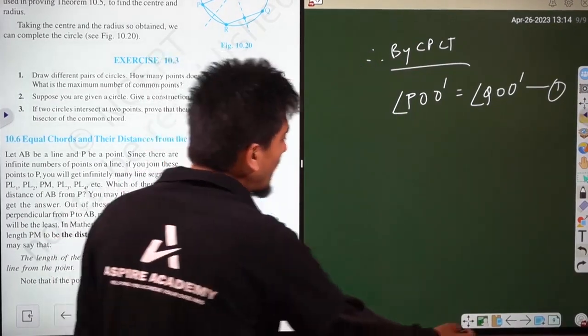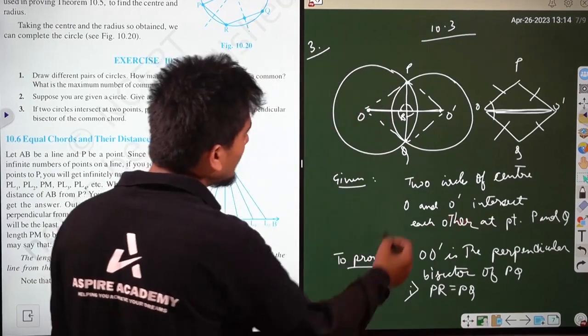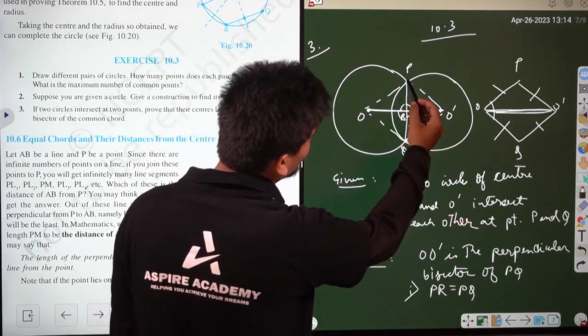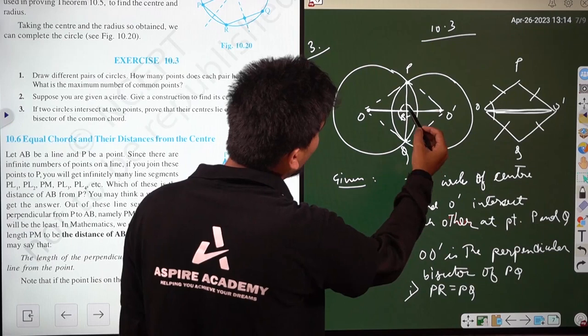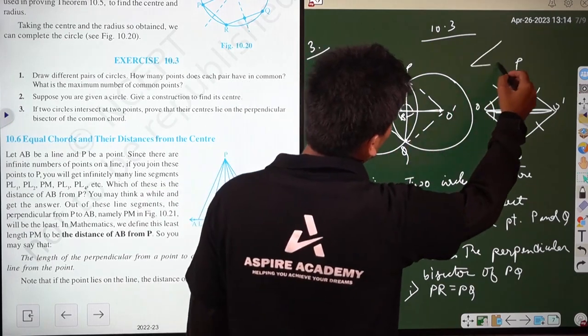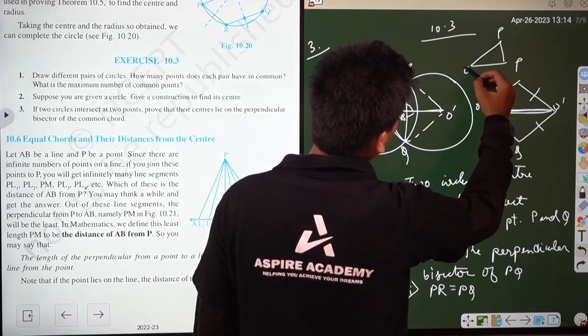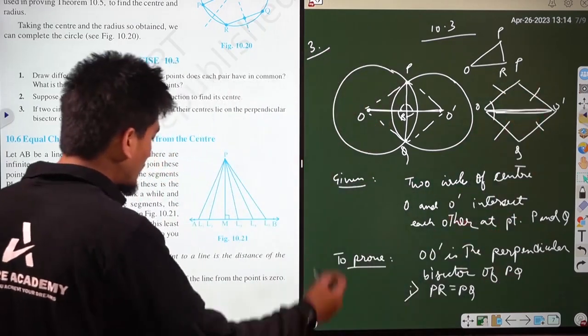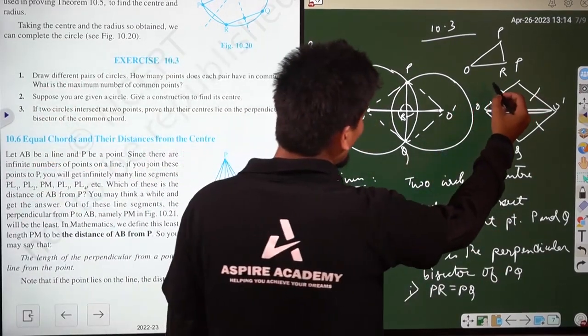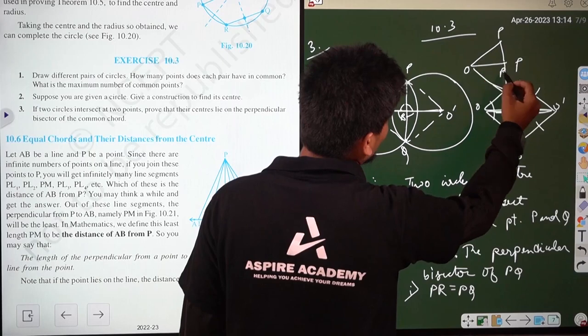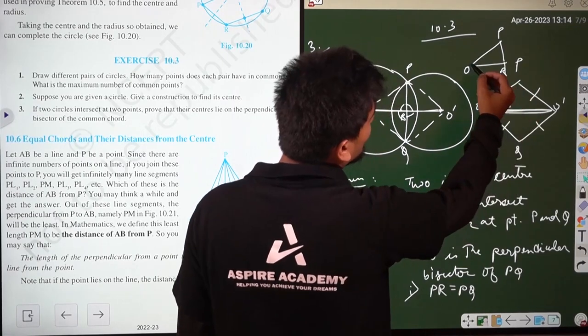Similarly, for triangle, now see here, now let me take this triangle POR. Okay, let me take this triangle POR, and let us take this triangle QOR. That means this is QOR.